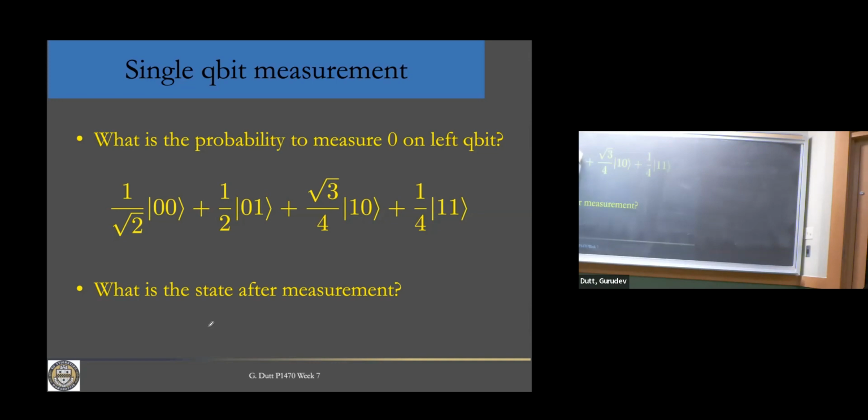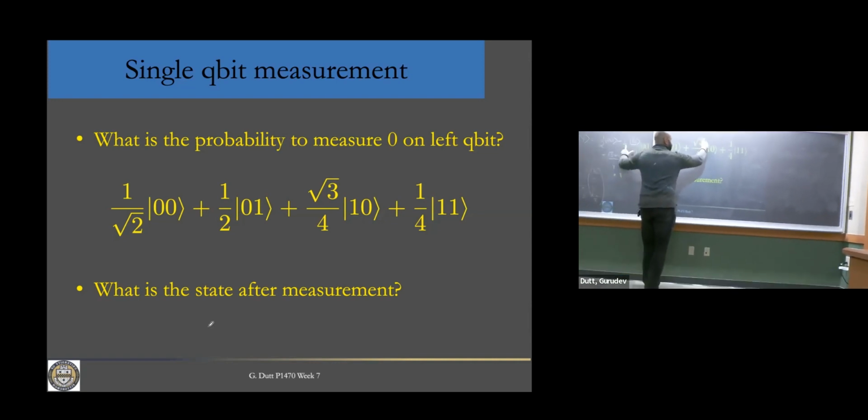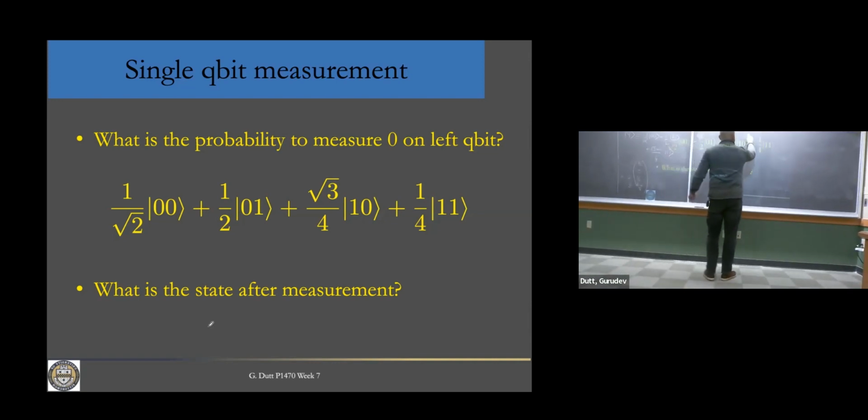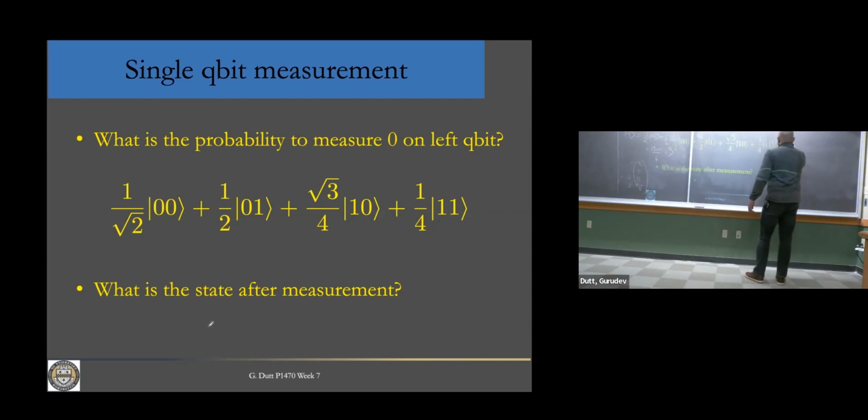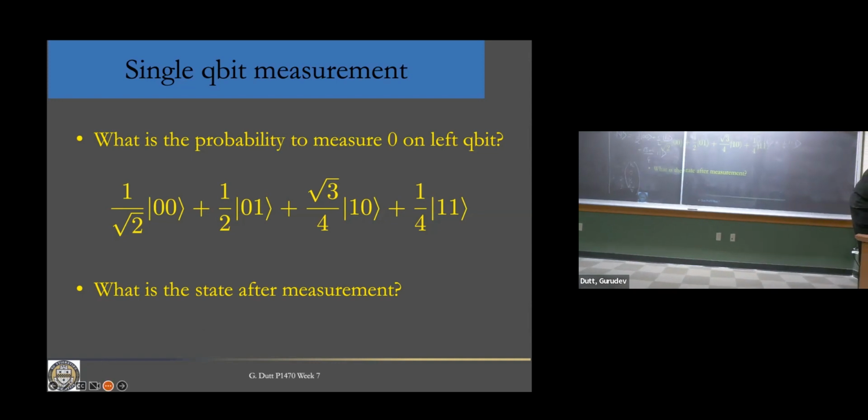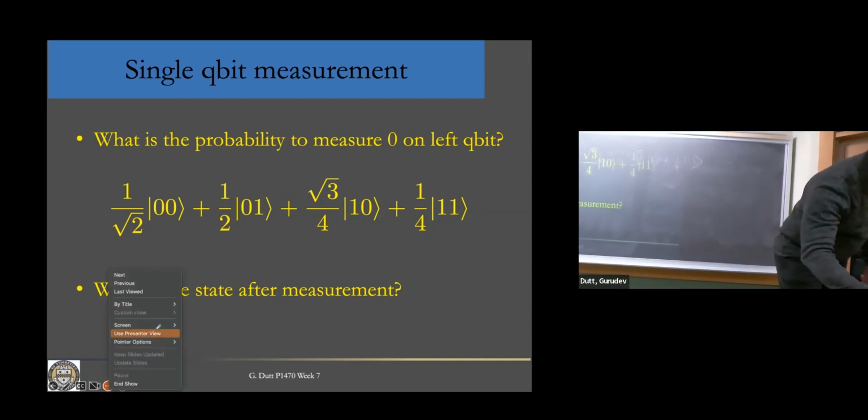One over root 2, |00⟩, plus 1/2, |01⟩, plus root 3 over 4, |10⟩, plus 1/4, |11⟩. Okay. So this is our state.